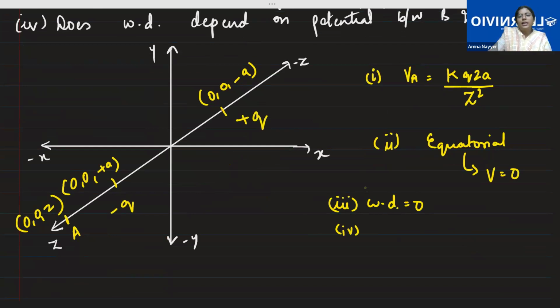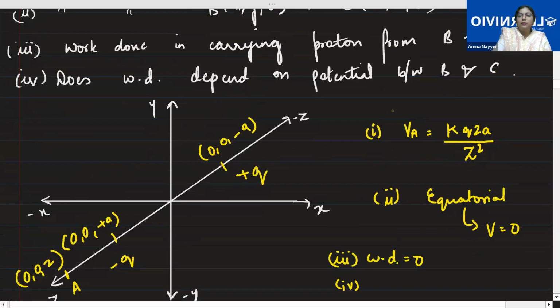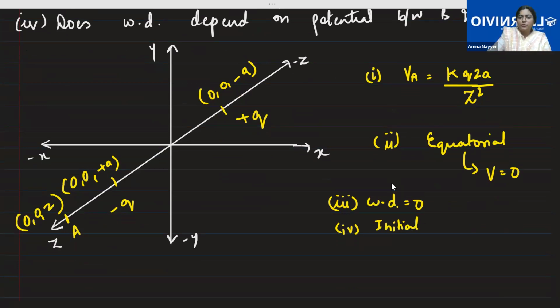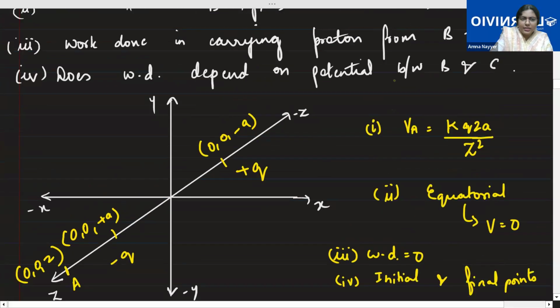Fourth point, does work done depend upon the path between B and C? It depends on the initial and final points, as I have discussed with you, not on the path. So this is an easy, formula-based question.